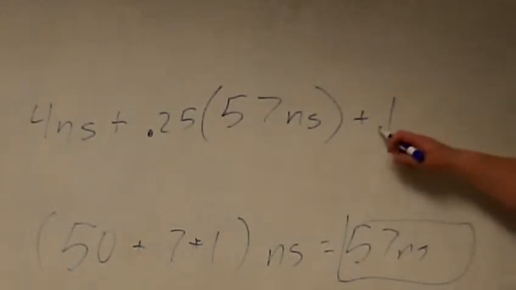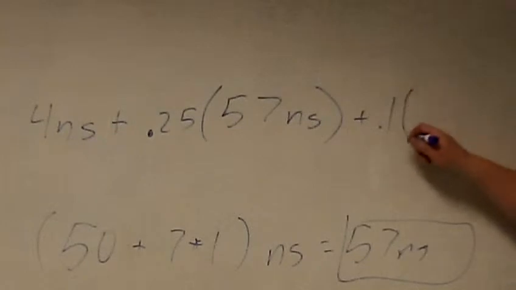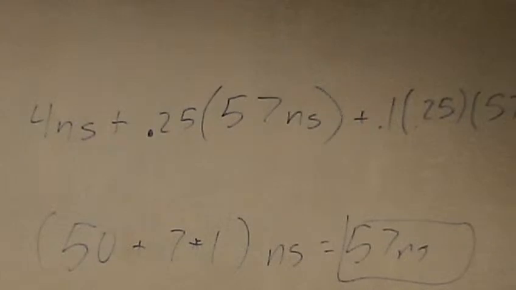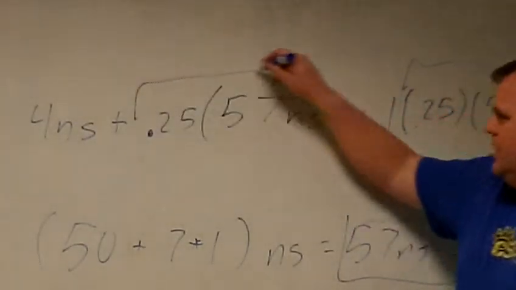It only happens when I miss. If I didn't miss, I wouldn't pay that because I hit. I've got space for it. So, 10% of the time when I missed, I have to pay the access time again because I had to write. Does that make sense? Now we notice this looks a hell of a lot like this.